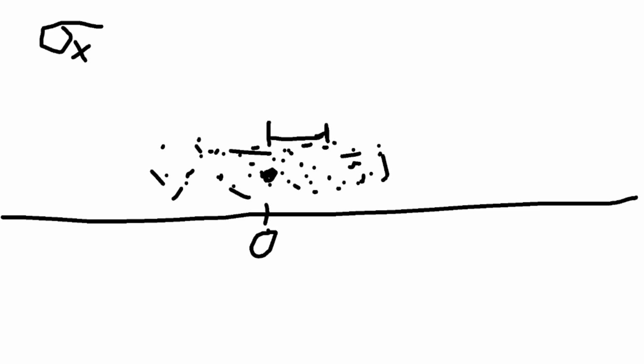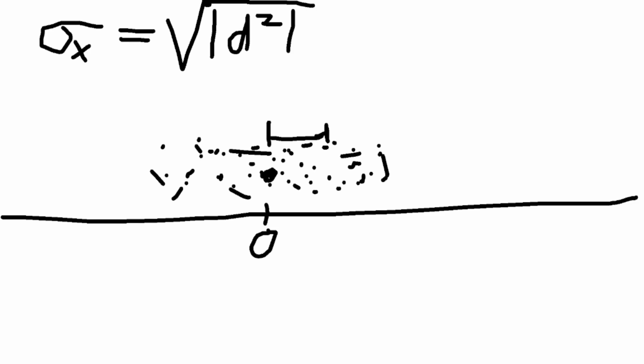If you really want to get mathematical about it, it is the square root of the average of the square distance away. So, actually, no, that's wrong notation. That's the absolute value.